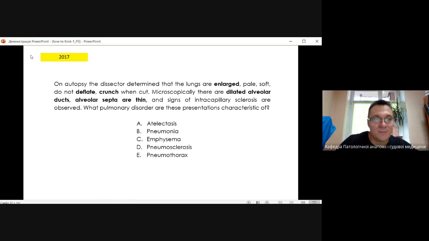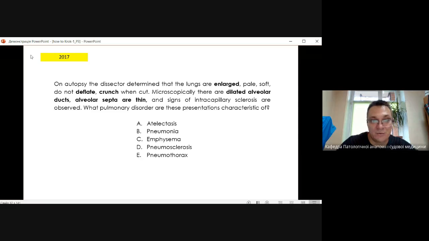Next one, on autopsy, the dissector, or prosector, as you wish, or pathological anatomist, determined that the lungs are enlarged, pale, soft, do not deflate, and crunch when cut. Microscopically, there are dilated alveolar ducts, alveolar septa are thin, and signs of intracapillary sclerosis are observed.